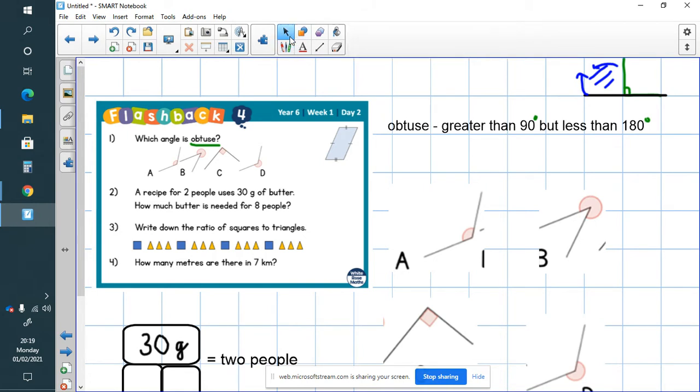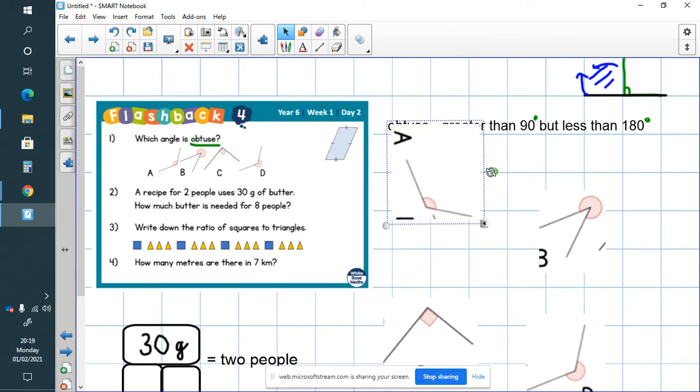Now, sometimes, if we were doing this at school, I'd be recommending that you turn your page to help you, and so you look at the angles from all the different angles available. So if we start with angle A, I've just rotated it there slightly for us.